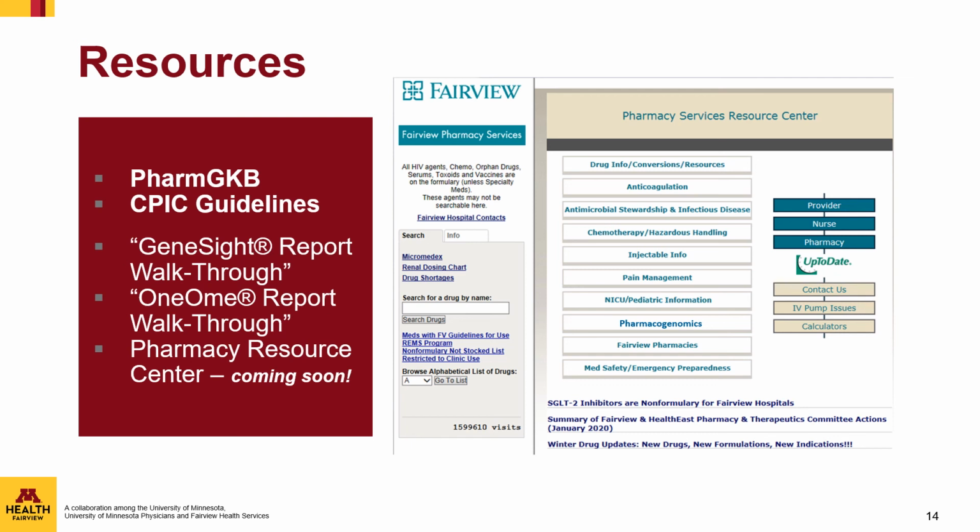You can access this database by visiting www.pharmgkb.org. CPIC guidelines are designed to help clinicians understand how available genetic test results should be used to optimize drug therapy. A separate presentation has been created to delve further into PharmGKB and CPIC guidelines, including how to navigate the websites and how to interpret and use the guidelines in practice.